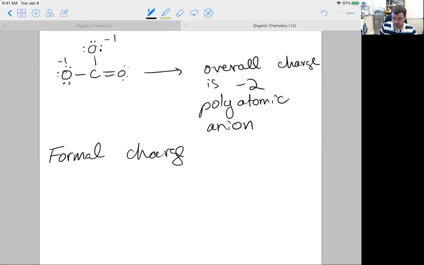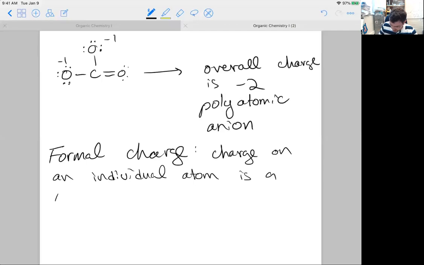again. Now that we've seen this brief discussion, this is the charge on an individual atom, and we can have a molecule or a polyatomic ion.